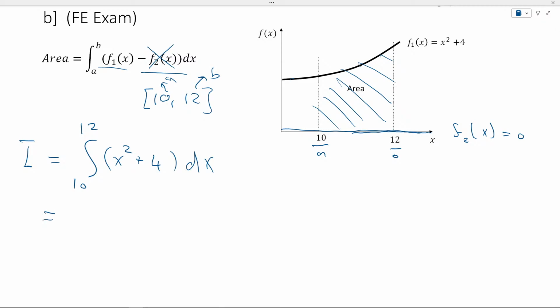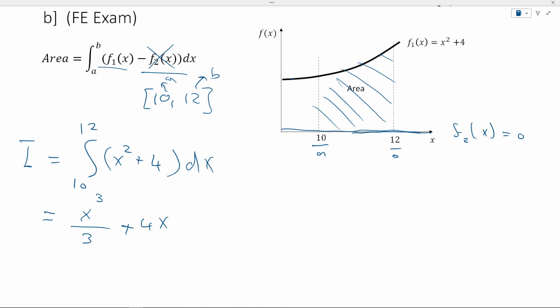Remember how to do this? That's x to the power of 3: you add 1 to the exponent and then you divide by the new exponent, so you divide by 3. Here, this is x to the power 0, so you add 1, so that would be 4x to the power 1, and then you divide by 1. So basically it's 4x.